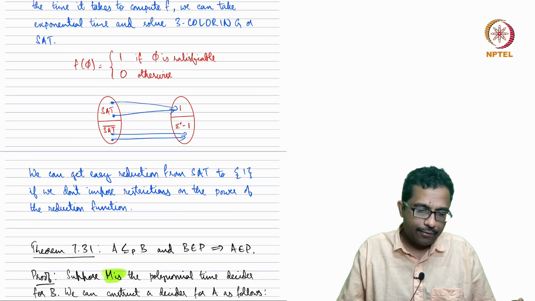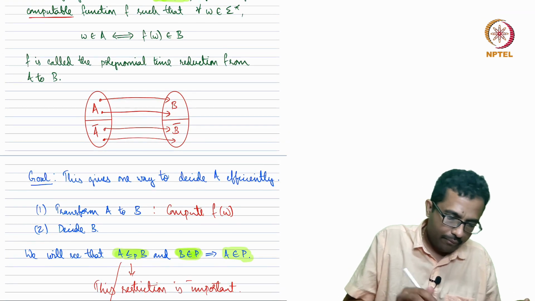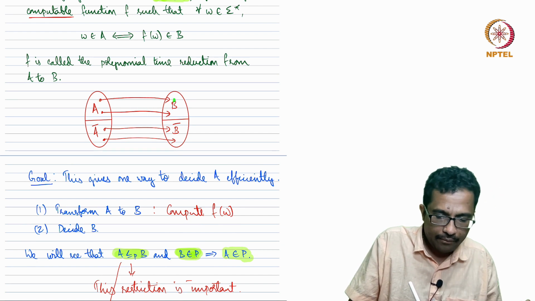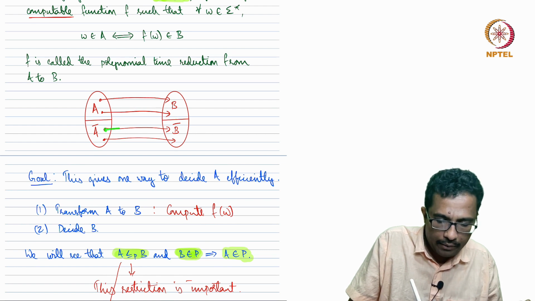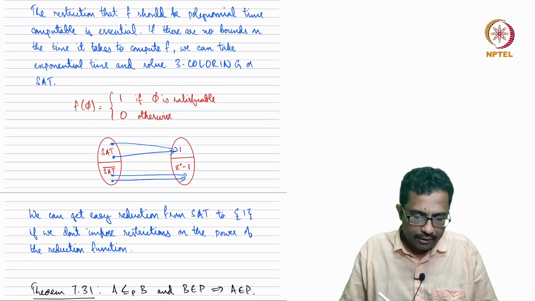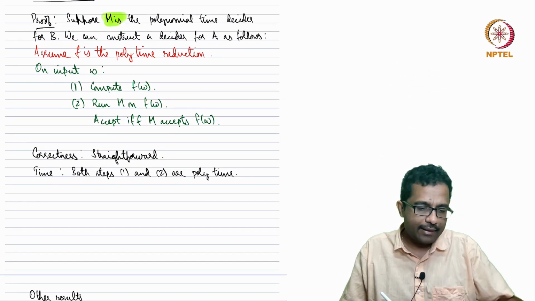So the correctness is straightforward, right? Because only strings in A will come to B, and these strings will be accepted, and those strings that are in A complement will come to B complement, and those will be rejected. So now let's check the time complexity.